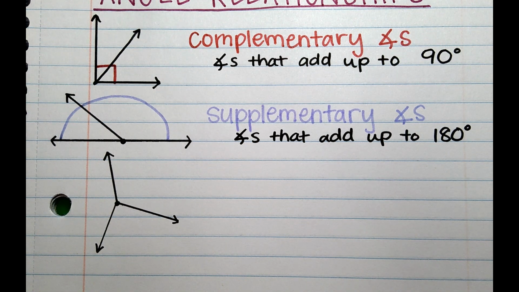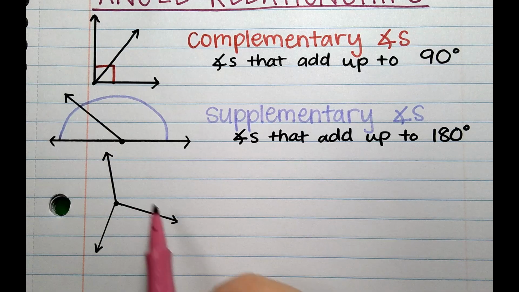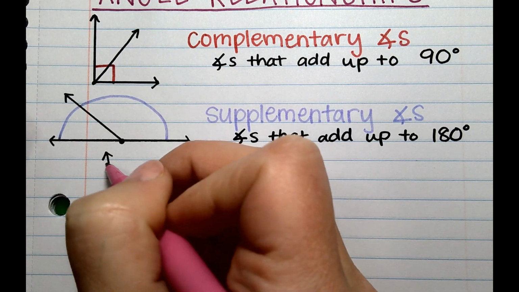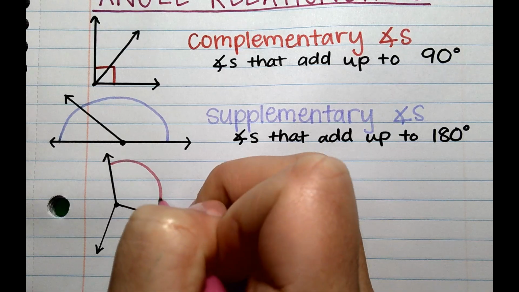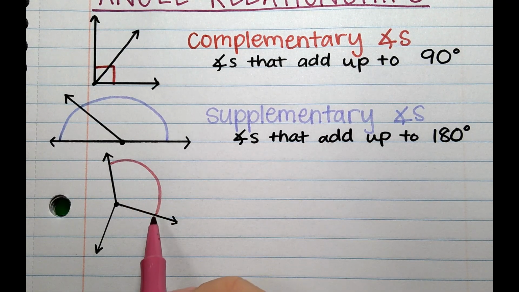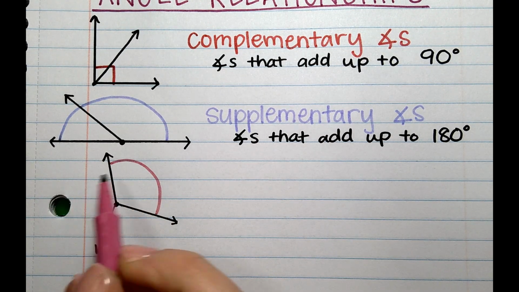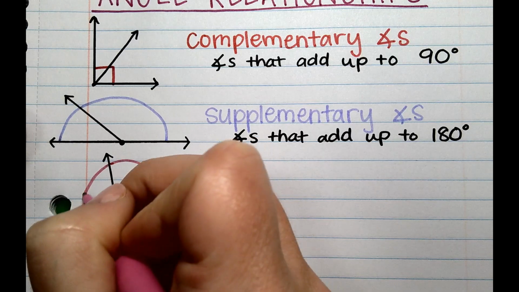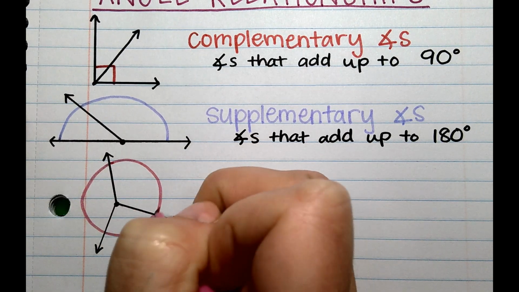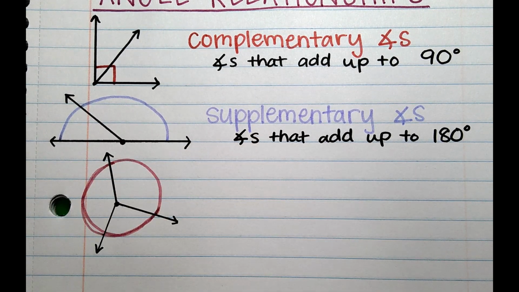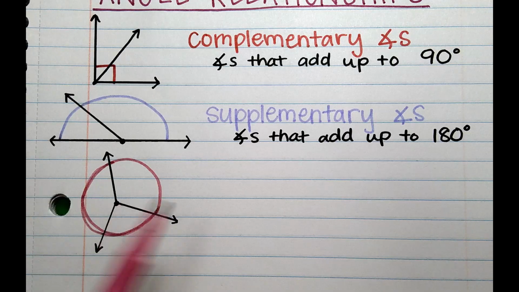For this third angle relationship, my arc is going to go all the way around because here is an angle. Here's another angle. Here's a third angle. Now they're not all equal, but I am just circling this like that, all the arcs connecting.